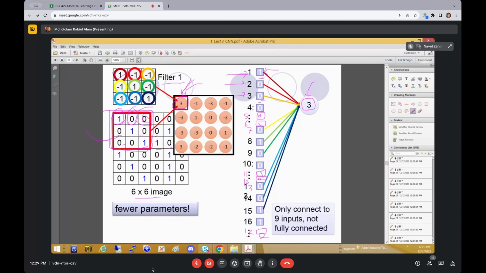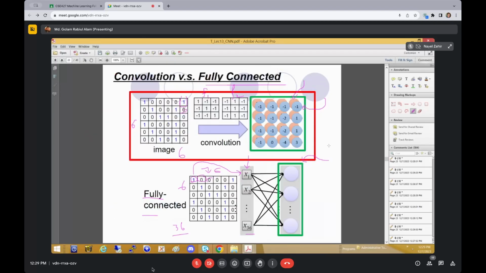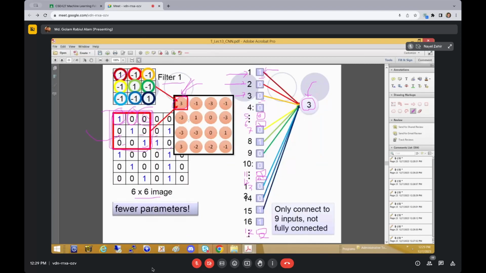And then we can see here that 4 is not used, 5 is not used for calculating our first feature values. 7 is used, 8 is used, and 9 is used.